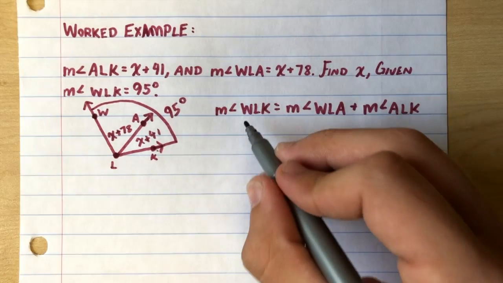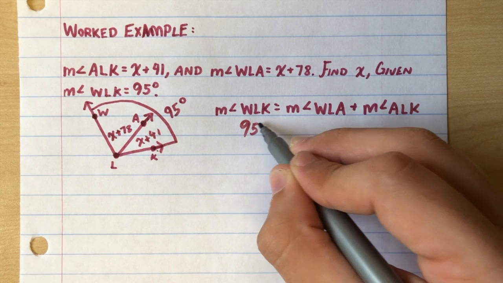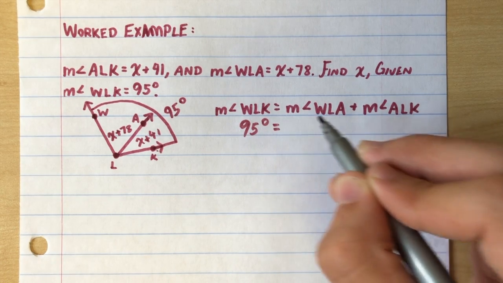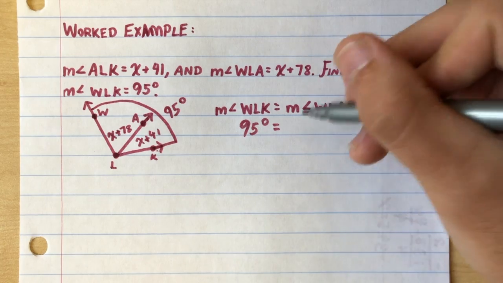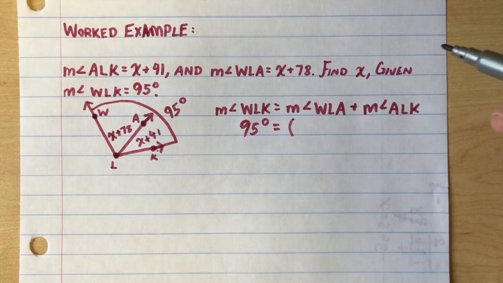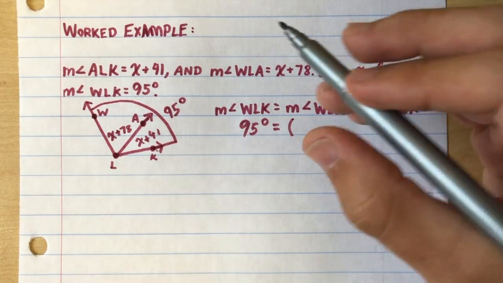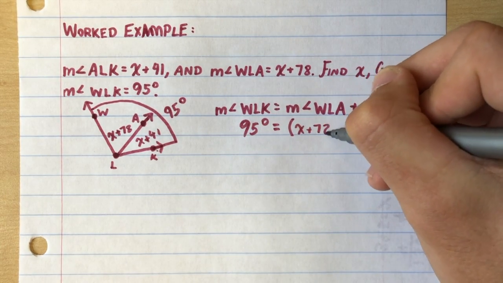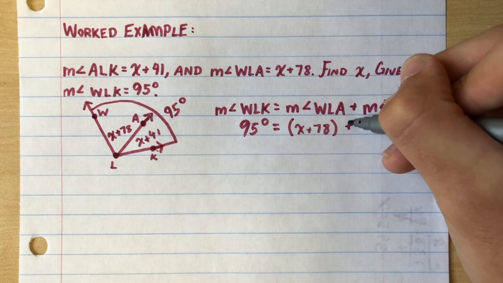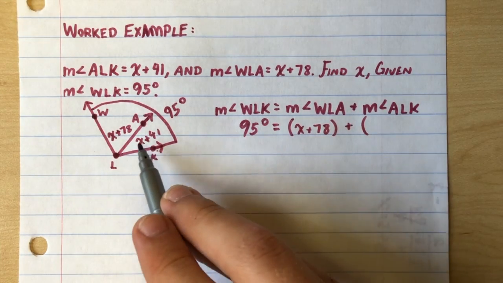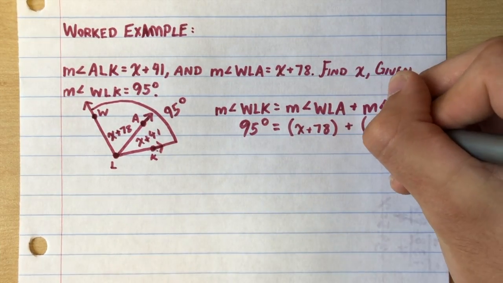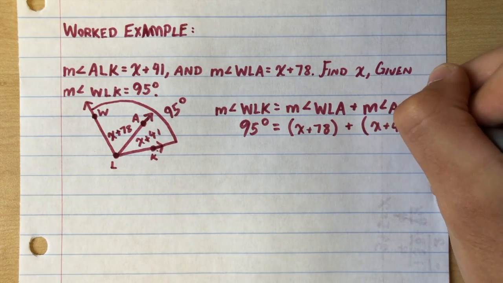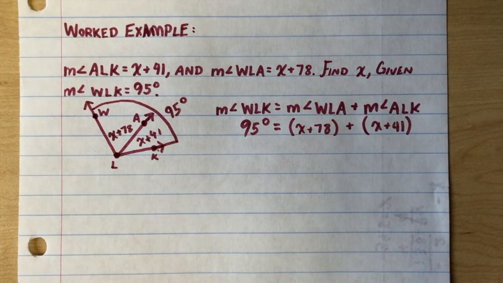All right, so this is 95 degrees, it says. I'm going to put these in parentheses so you kind of see what I'm doing here. WLA right there is x plus 78. And this is x plus 41. So now we have it all set up.